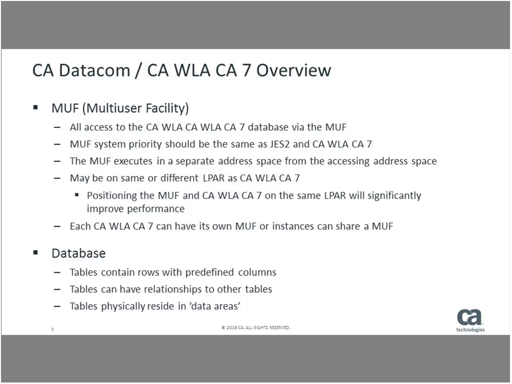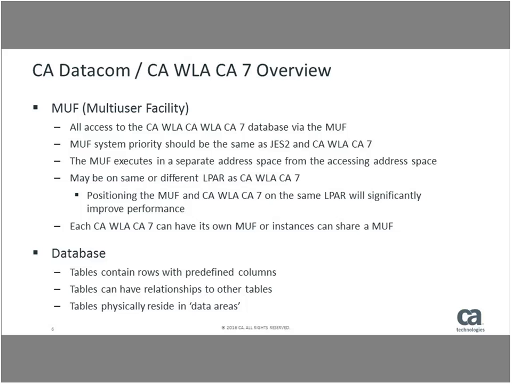Each instance of CA7 must have its own MUF, or they can share, and we'll go over that a little bit more later and how you may want to set that up depending on how many 7s you have, and your DR or how your production environment is set up.